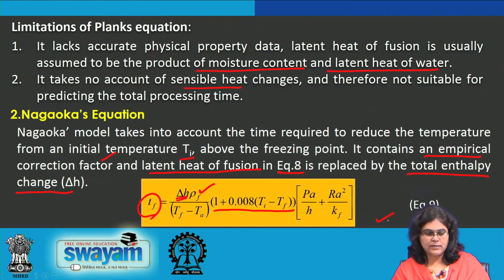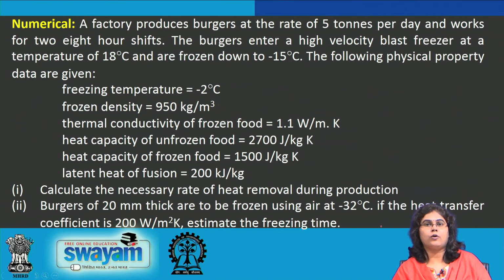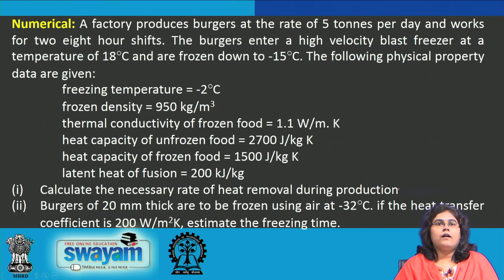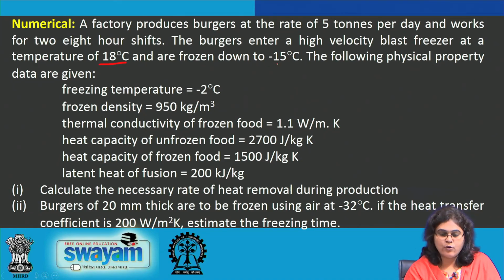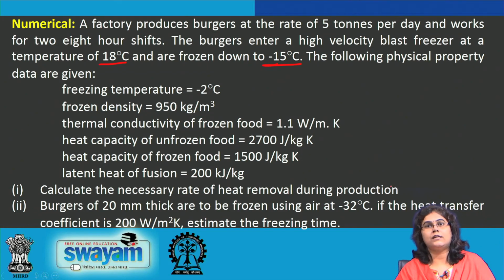Now, based on Nagaoka's equation, we can solve one problem here. A factory produces burgers at the rate of 5 tons per day and works for 2 8-hour shifts. The burgers enter a high velocity blast freezer at a temperature of 18 degree centigrade and are frozen down to minus 15 degree centigrade.